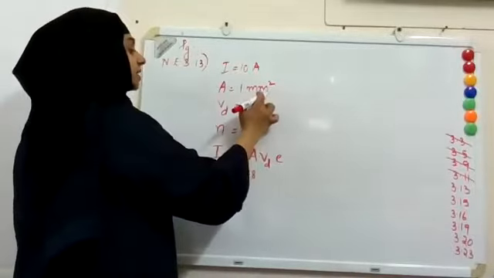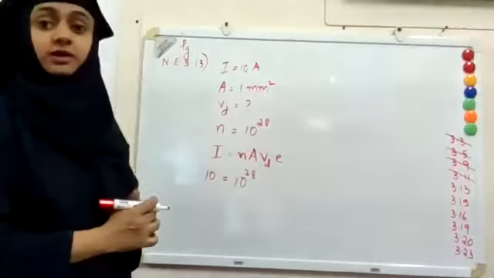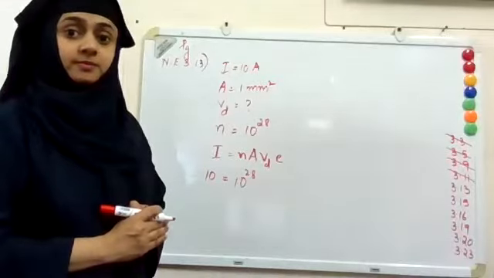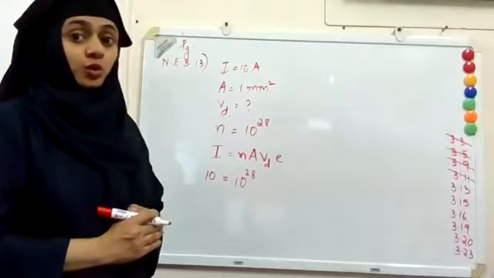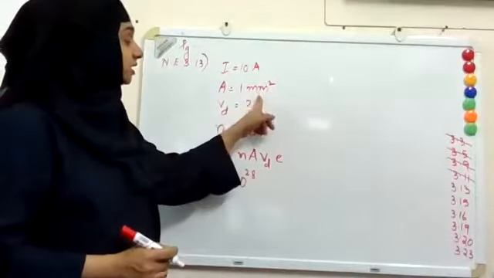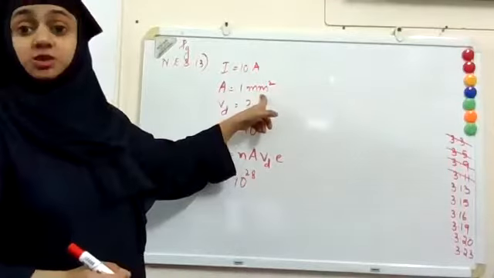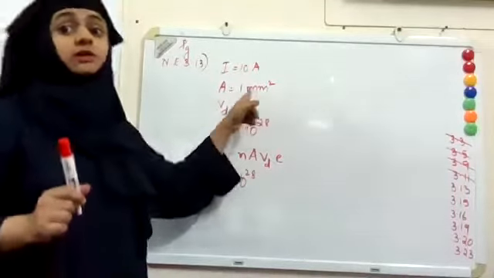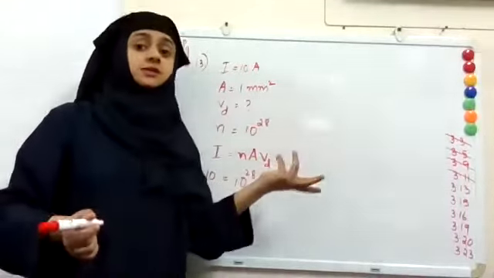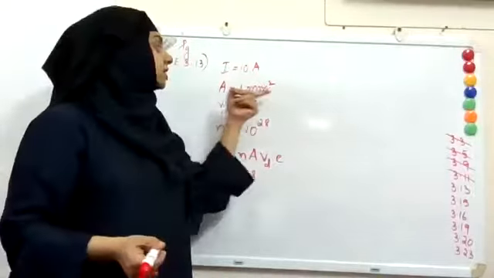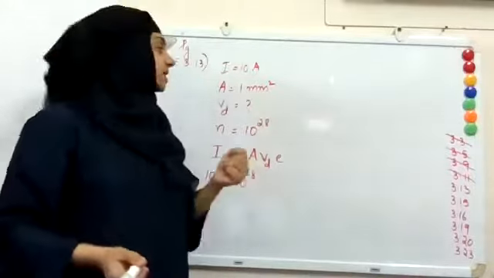Can we use area as millimeter square here? No. You have to convert that to meter square, which is SI. Millimeter is not the SI unit. Meter is the SI unit, so for area, meter square will be the SI unit.